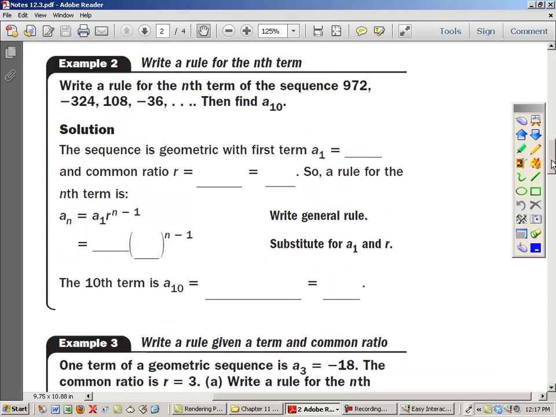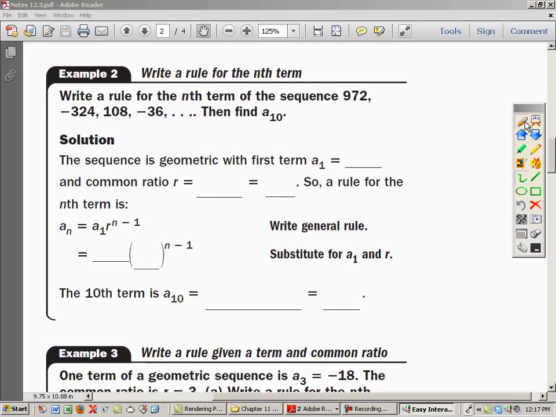All right, let's take a look here. Go ahead and try one of these examples. Let's write a rule for the nth term and then give the 10th term in the sequence. What we have to do first is find that common ratio r. So we're going to do negative 324 divided by 972, and that comes out to negative 1/3.